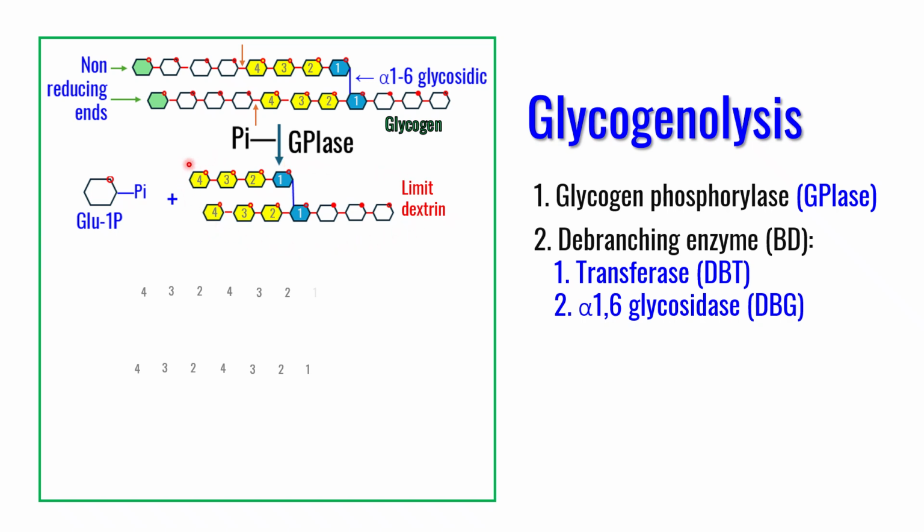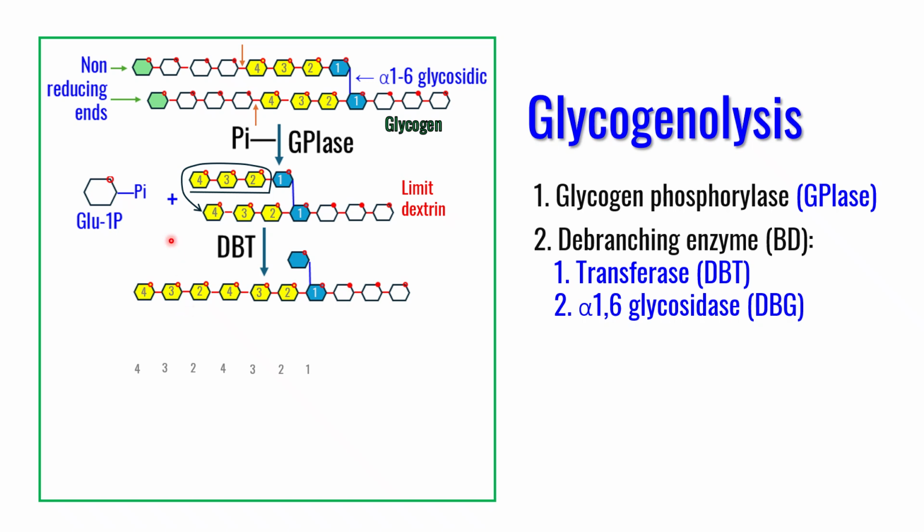This limit dextrin is produced by phosphorylase and is resistant to glycogen phosphorylase, meaning it cannot be hydrolyzed any further unless this hurdle, or this branch point, is removed. So this is removed by transferring these 3 glucose units to the other branch by debranching transferase activity, thereby extending the chain so that phosphorylase can start working again.